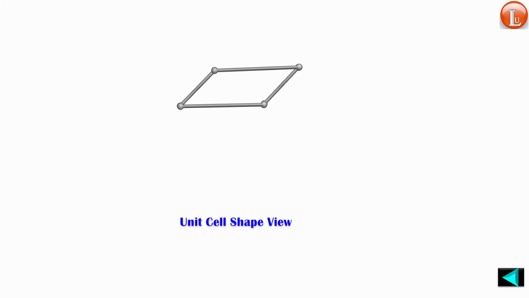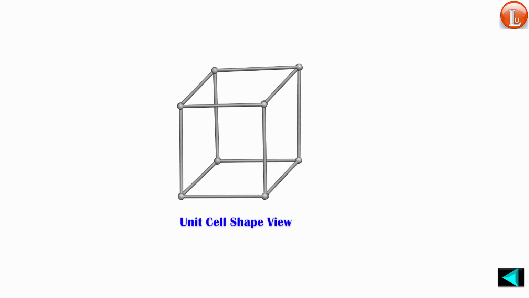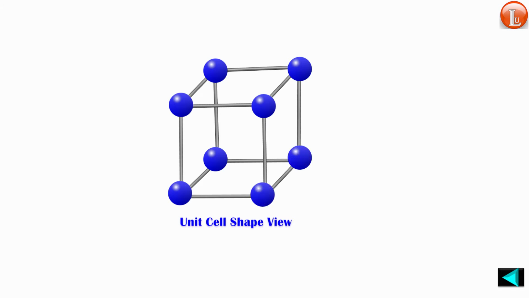The face-centered unit cell is defined like this. You have a cube, the unit cell shape view. You have a cube having atoms at each corner. And the atoms are also being placed at the center of every square face. Can you see? Each face center has been occupied by these spheres, and these spheres are not present anywhere else.